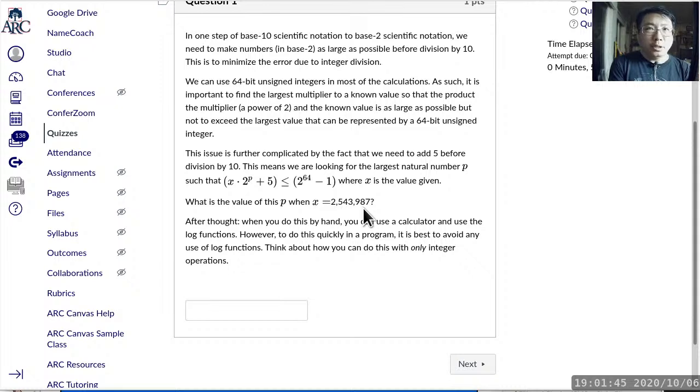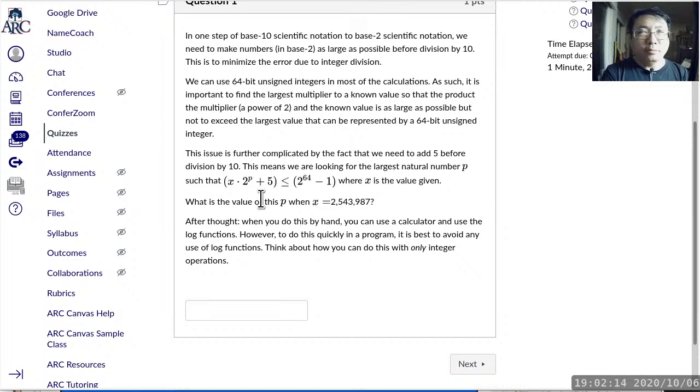The first one is, and I don't really care which way you do it, okay? Because the whole idea is to get an idea of what 2 to the power of p is doing, because that's basically the magnitude. So let's go ahead and do this. This one, by the way, is related to maximizing a value before we divide it by 10.